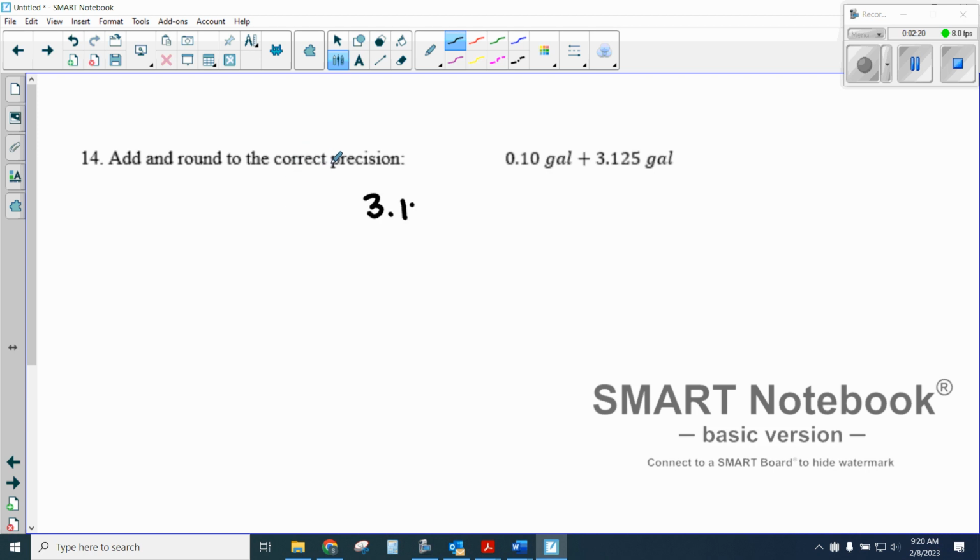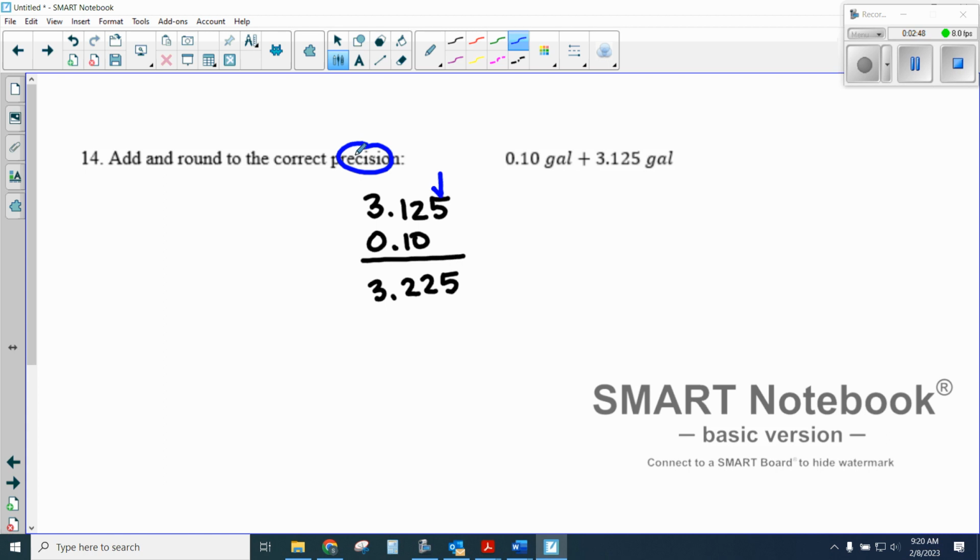There are rules about how we round things. If I am adding 3.125 gallons and 0.10 gallons, if I just add those together straight away, the numerical result is 3.225. But when it says round to the correct precision, you're going to round to the least precise place value.